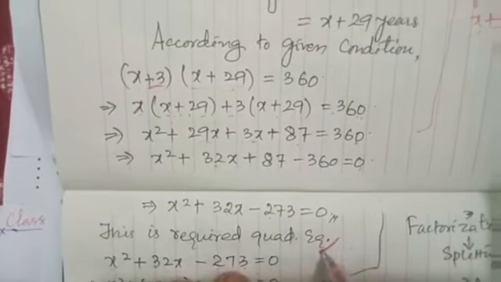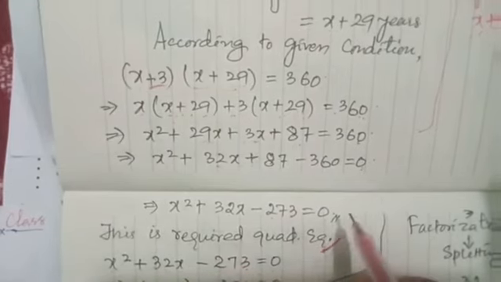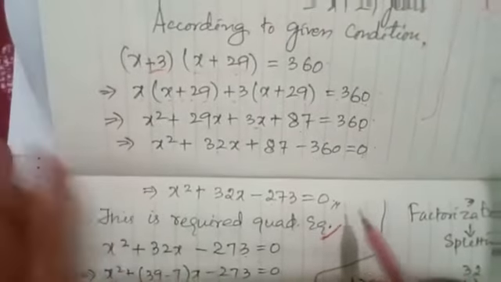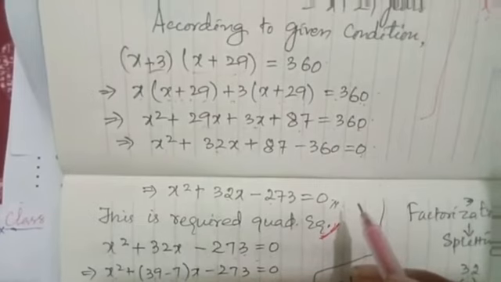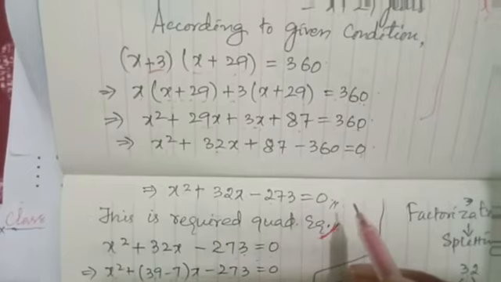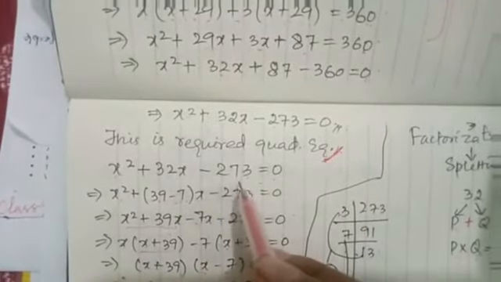The question above, question number 2, which said to represent the following situations as quadratic equations, is answered here. Now if we are asked the present age of Rohan or his mother, then we need to find the value of x. We can find the value of x only if we solve the given equation.